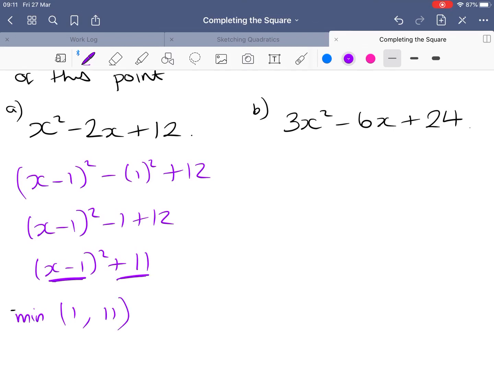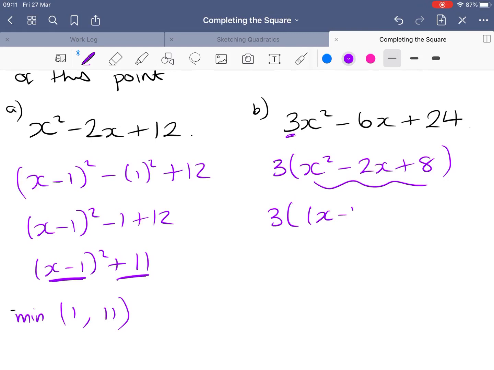With this one, take out the factor of 3 first. So I've got 3 times x squared minus 2x plus 8. Let's complete the square on the bit inside the bracket. Again, x minus 1. Got to take away the 1 squared plus the 8. Still keep that 3 outside that bracket.